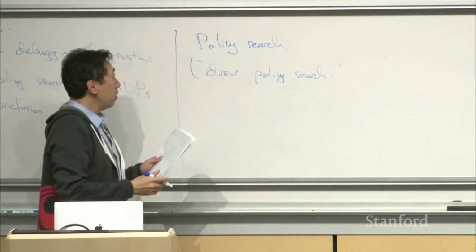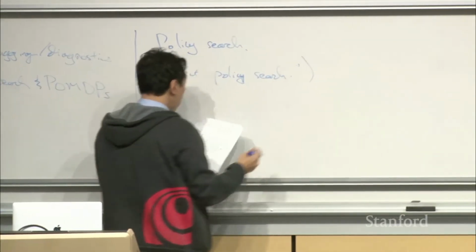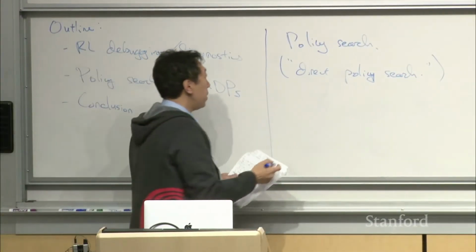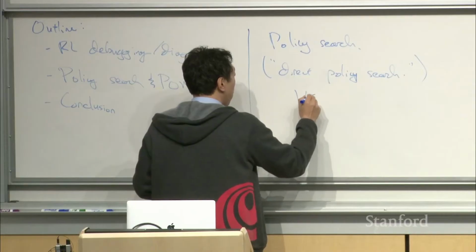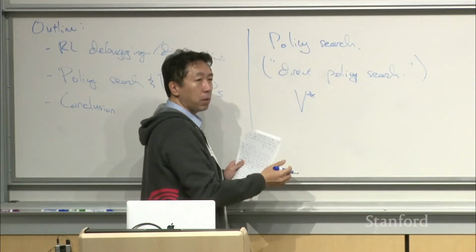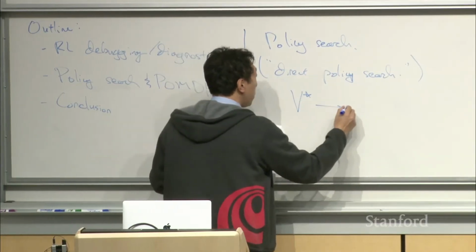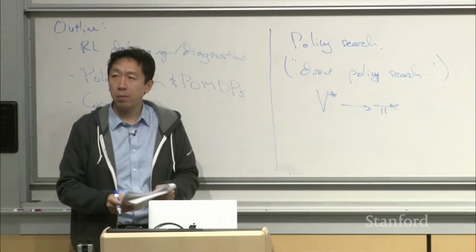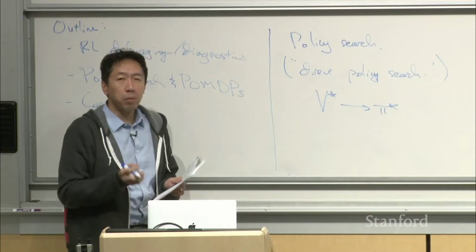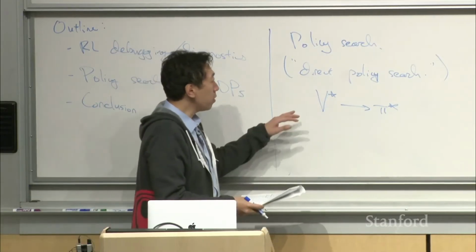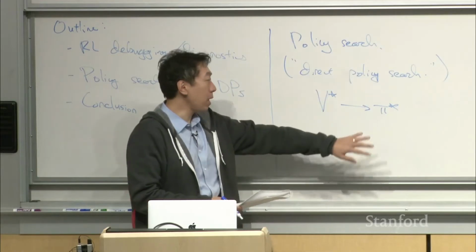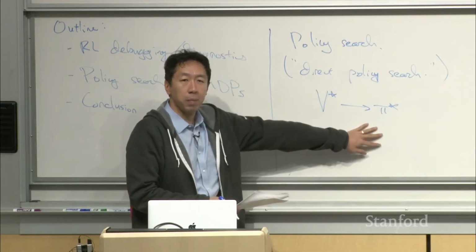And to explain what this means, so far, our approach to reinforcement learning has been to first learn or approximate the value function, approximate V star, and then use that to learn or at least hopefully approximate pi star, right? So you saw value iteration, policy iteration, but our philosophy to reinforcement learning was to estimate the value function and then use that equation with the argmax to figure out what is pi star.